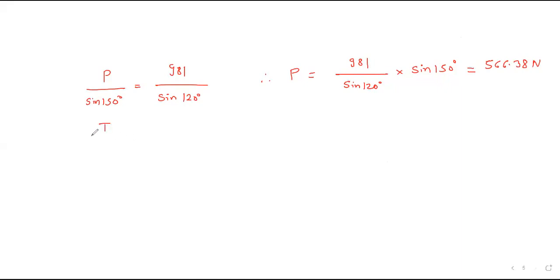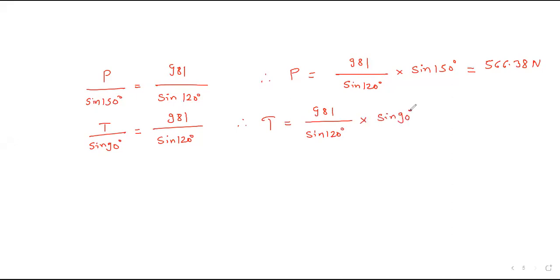So if I equate T divided by sine of 90 degree, which is equal to, again, I can equate it to 981 divided by sine of 120 degree. So therefore, T is equal to 981 divided by sine of 120 degree into sine of 90 degree. So if you solve this, you will get the answer of T.